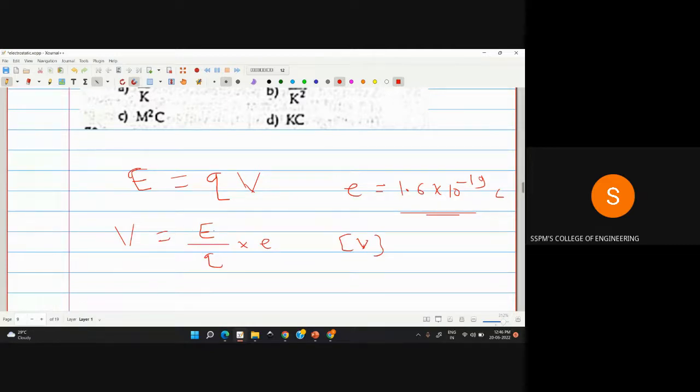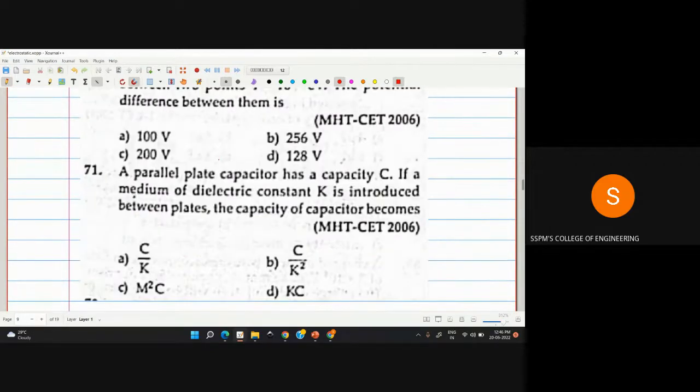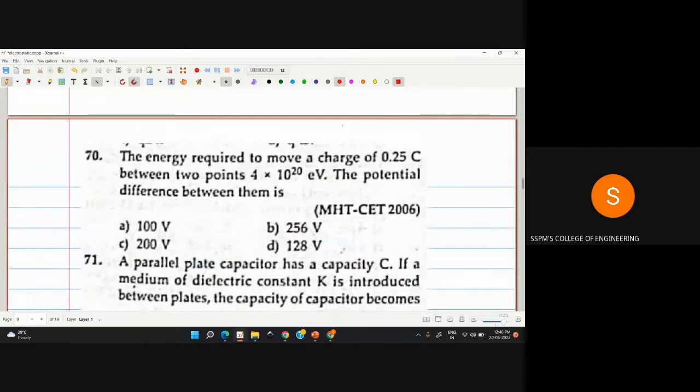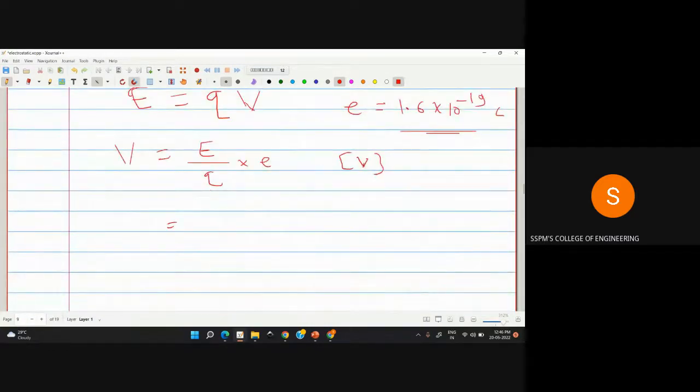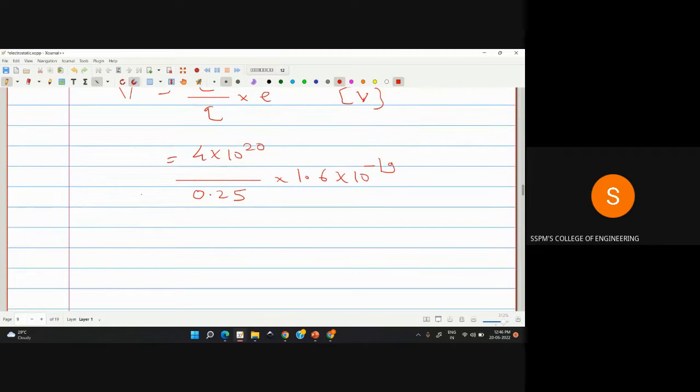आता तुम्हाला एनर्जी दिलेली आहे. एनर्जी किती आहे बघा. The energy is 4 into 10 to the power 20. आणि टोटल चार्ज किती आहे? 0.25 आहे, and charge on electron is 1.6 into 10 to the power minus 19. Isn't it? आता हे सॉल्व करा.